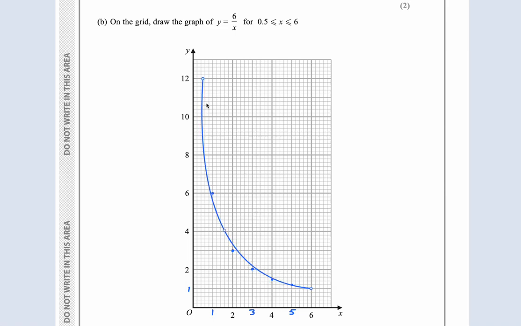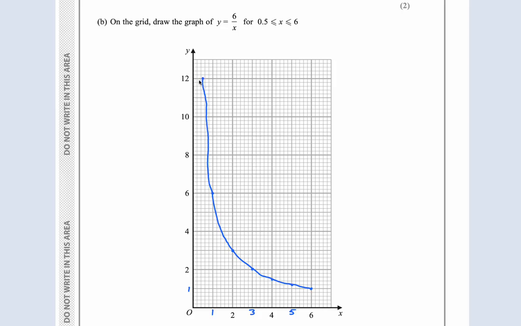You can, as I always say, draw this a lot better than me, but you're essentially going to join the dots, it has to go through them all, and it's supposed to be a nice curve. So something like that, but better.